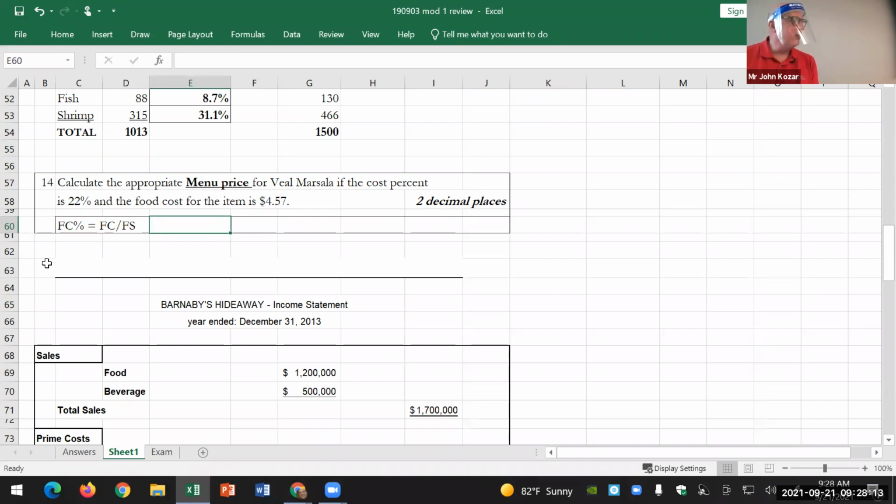So which one of those numbers am I trying to figure out? It's the food sales, the menu price. So I'm going to rewrite the equation, multiply both sides by food sales, and then divide both sides by food cost percent.